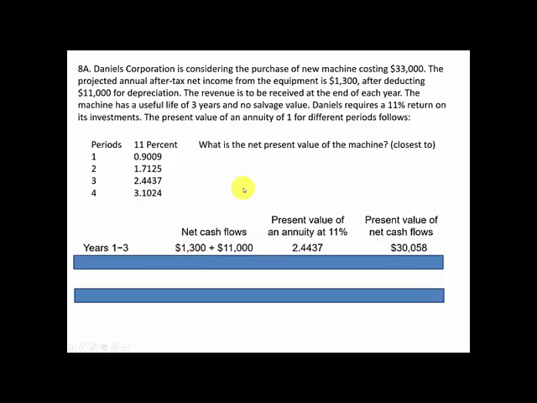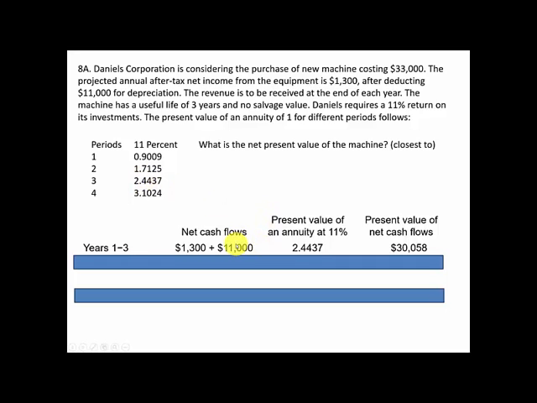The way we're going to work this is we're going to say the cash flow for years 1 through 3, which is the life of this machine, will be the depreciation plus the net income, which is $12,300, times a present value table value based on the present value of an annuity, for 3 periods at 11%.